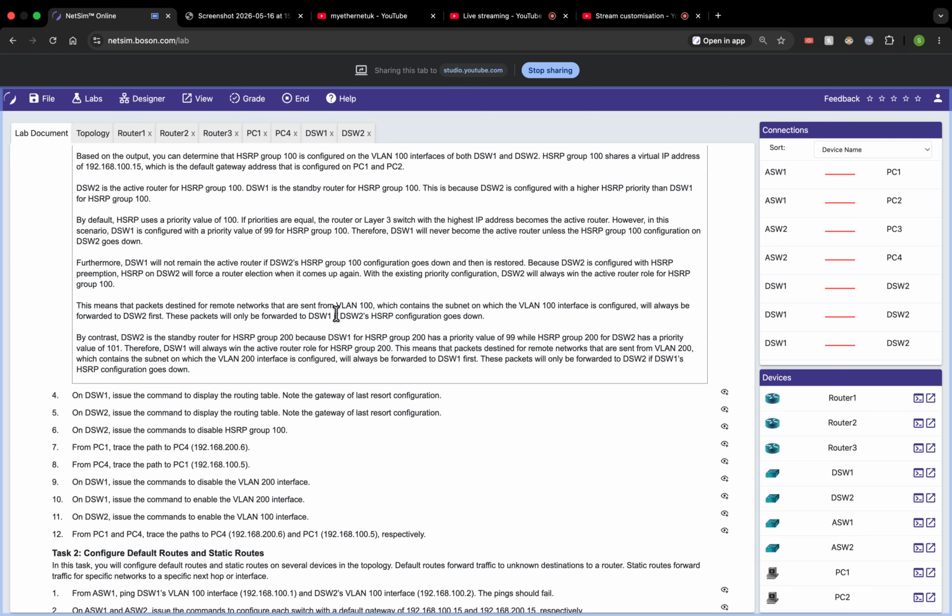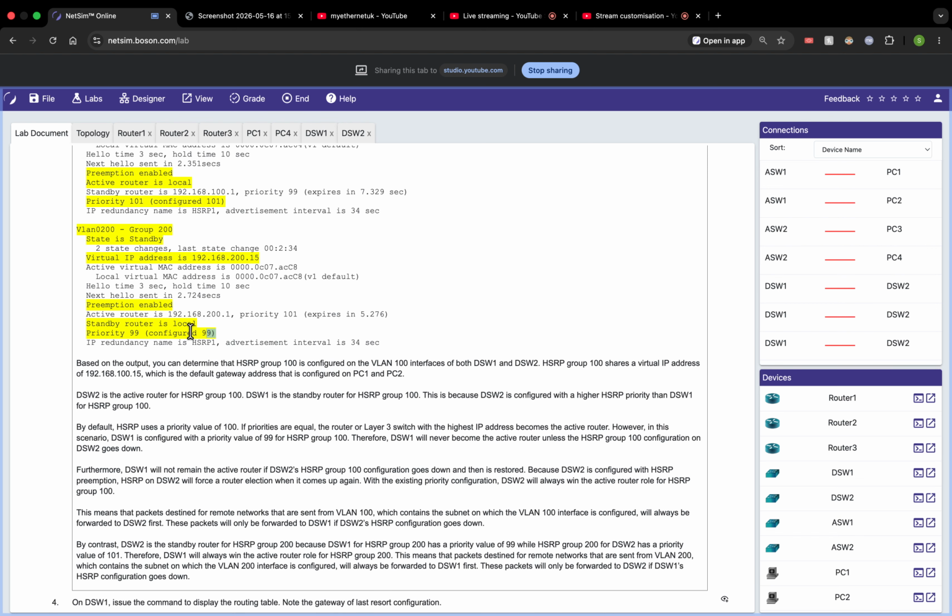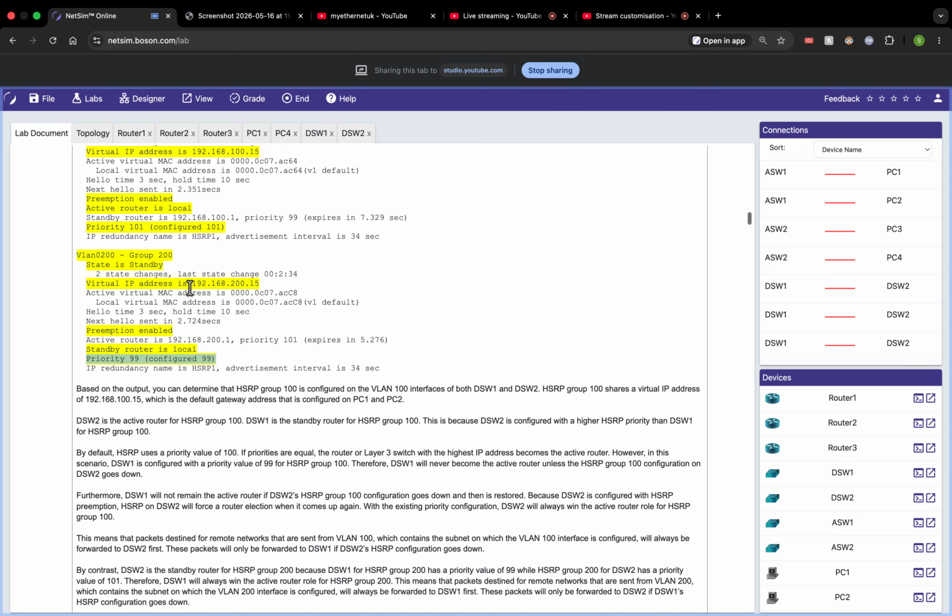These packets will only be forwarded to DSW1 if DSW2's HSRP configuration goes down. So I think what it's meant to say was that DSW1 will not remain the standby router if DSW2's HSRP group 100 configuration goes down, then is restored. Oh, sorry. No. Yeah, it was just the way it was worded.